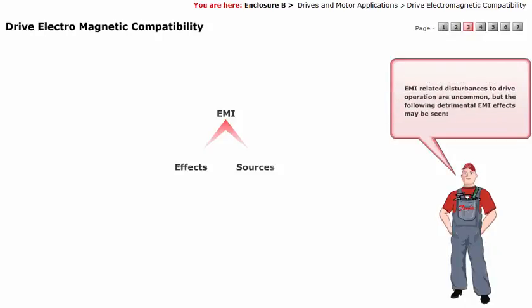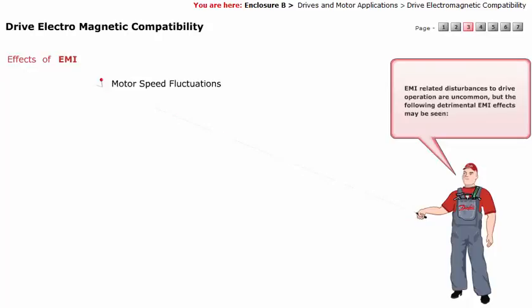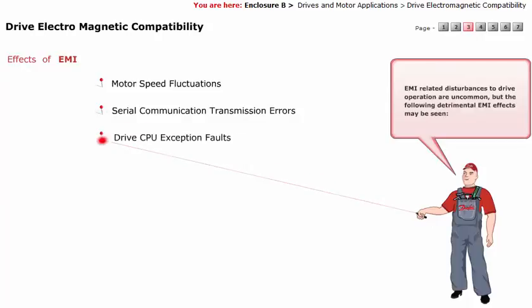EMI-related disturbances to drive operation are uncommon, but the following detrimental EMI effects may be seen: motor speed fluctuations, serial communication transmission errors, drive CPU exception faults, unexplained drive trips.